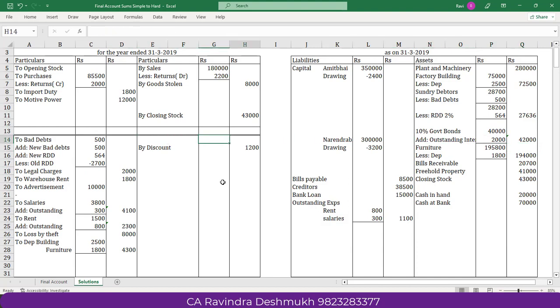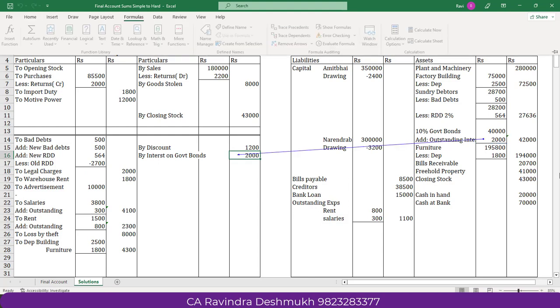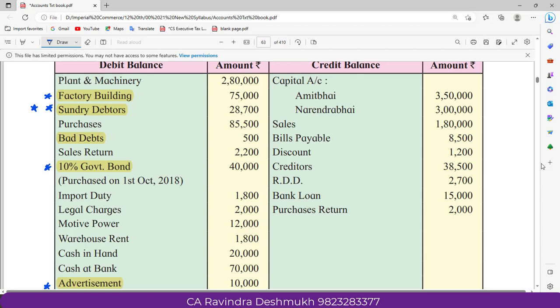If you need to know, let me know again, I will explain it again. And the second effect of the same is, since this is our income, interest on government bonds, it is to be written on the credit side of the profit and loss account. Can you see this?